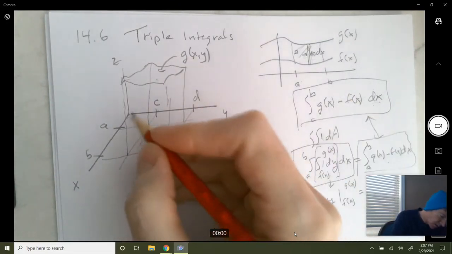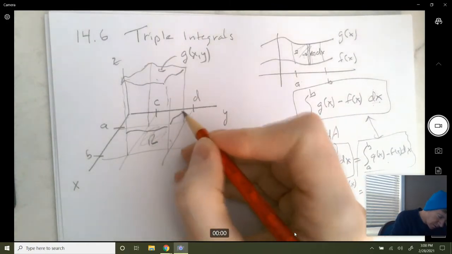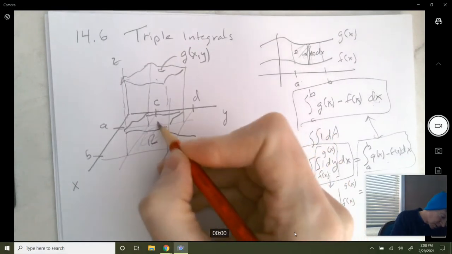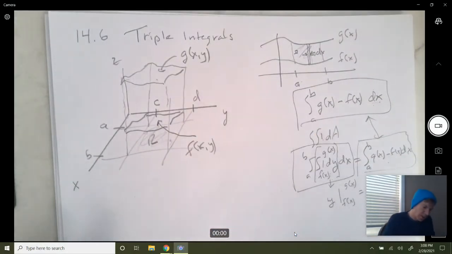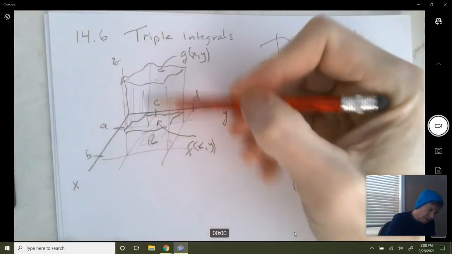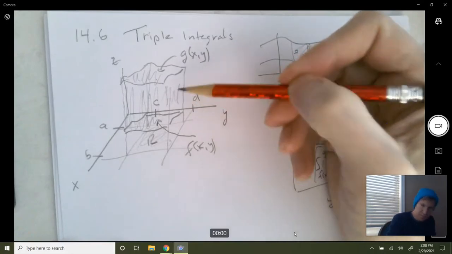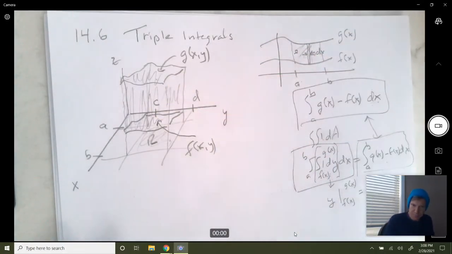But let's say we've got another surface somewhere around here, and let's say this surface is f of xy. And we want to find the volume in between these two surfaces, kind of like a funny looking ice cube.